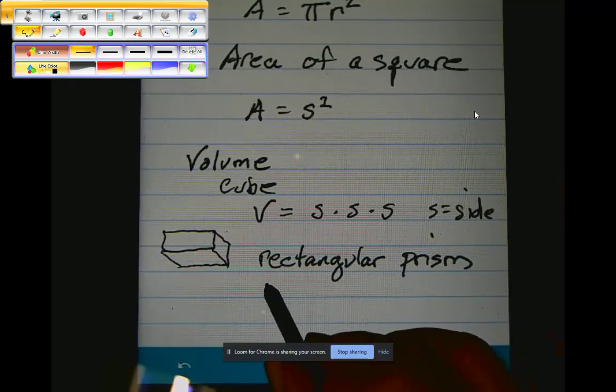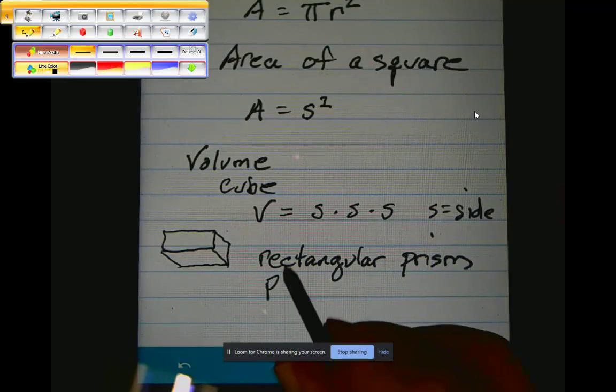Sometimes you might also hear it called a parallelepiped.